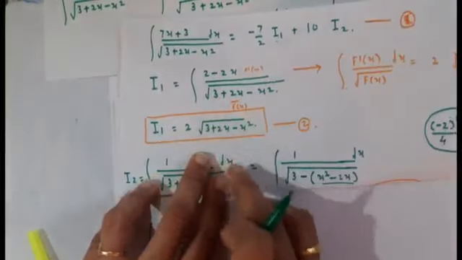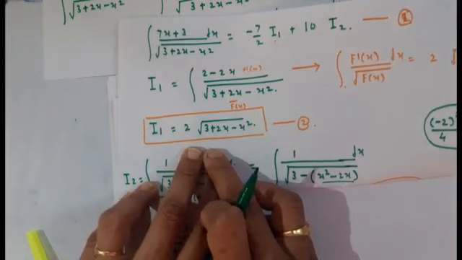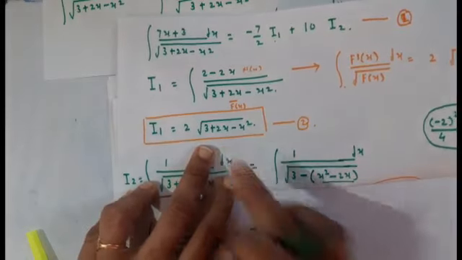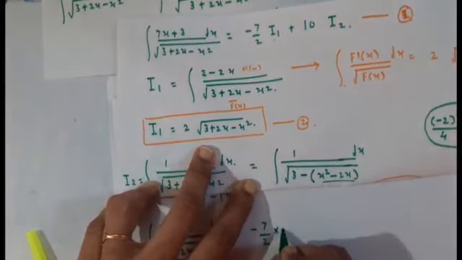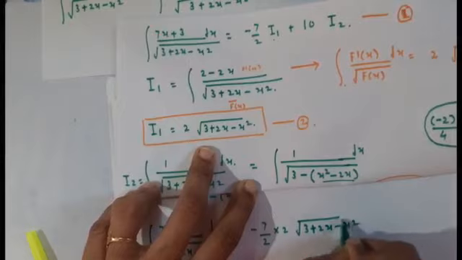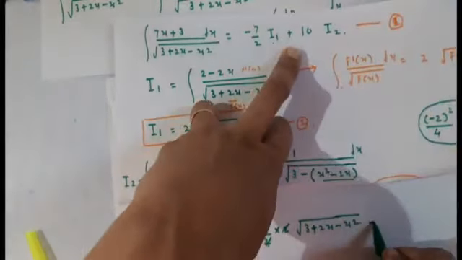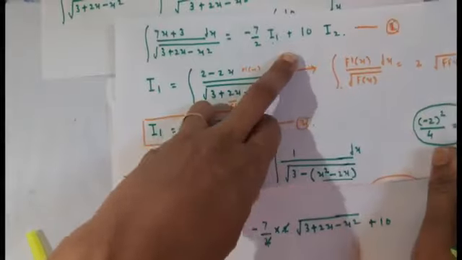We have found out the integration I1, that is into 2 into square root of 3 plus 2x minus x square. The 2 gets cancelled, plus 10 into I2.